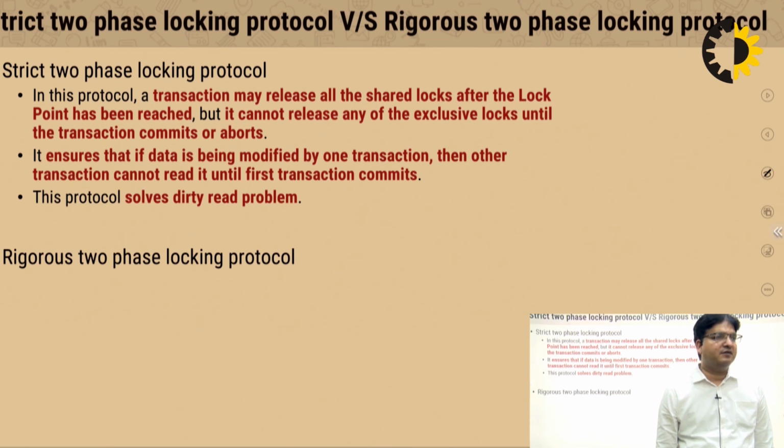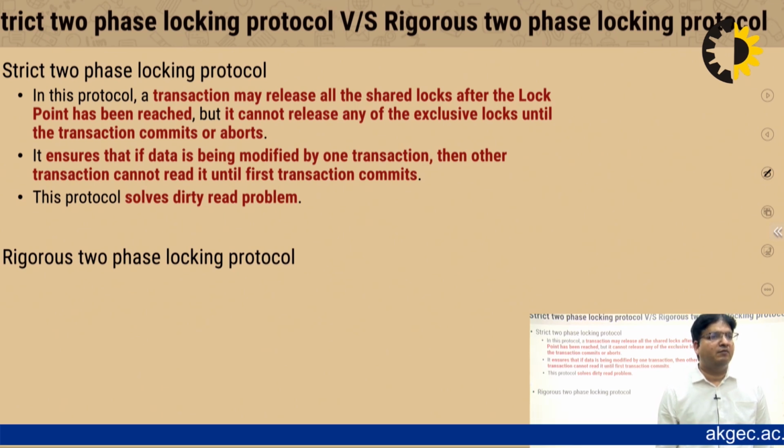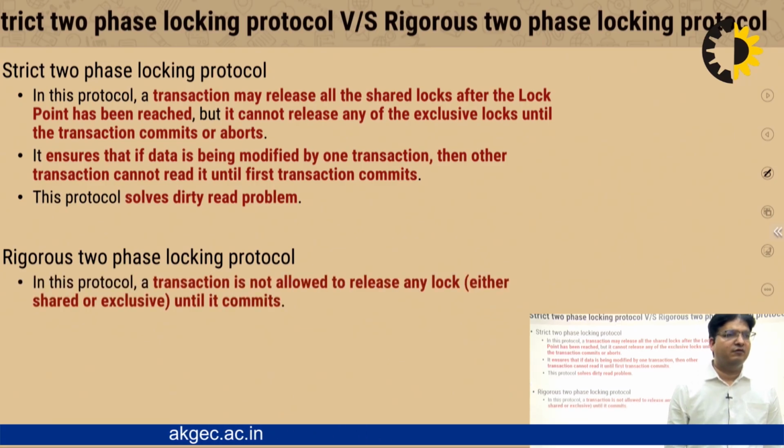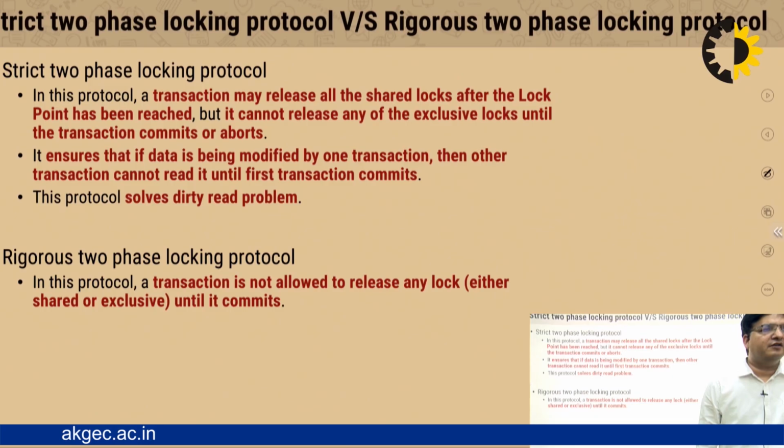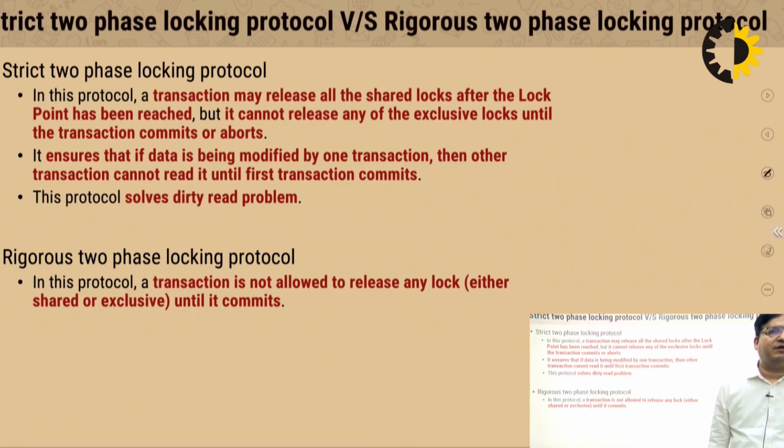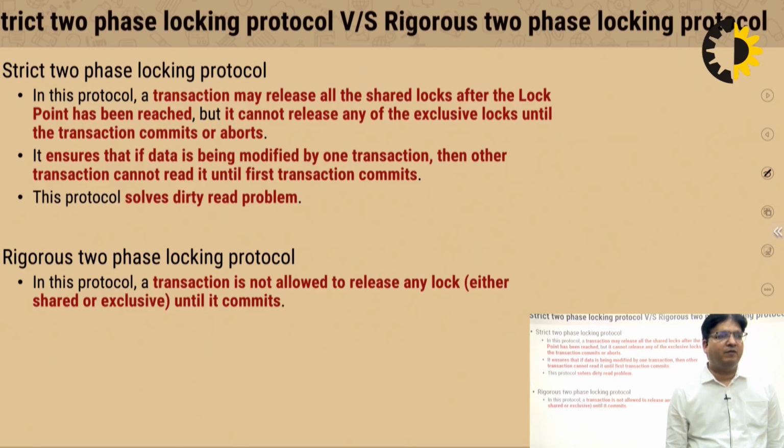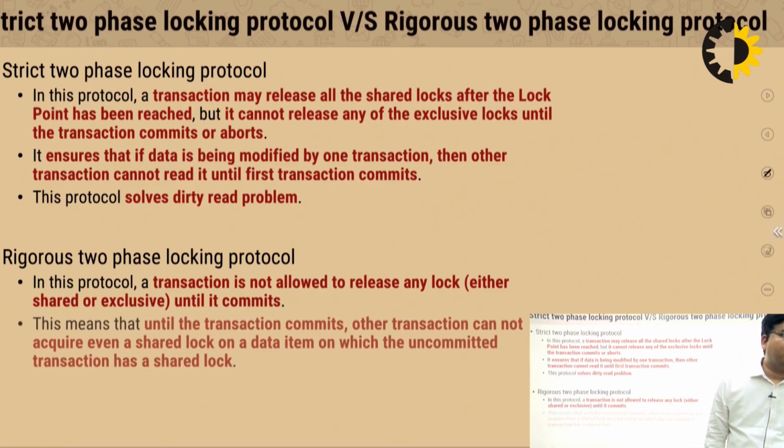Now, next is a little more tightened situation in rigorous two-phase locking, whereby a transaction cannot release any type of lock, whether shared or exclusive, until it commits. Only after the commit operation by transaction T1 will another transaction T2 be able to apply for the lock. Otherwise, it will not be able to gain the lock.